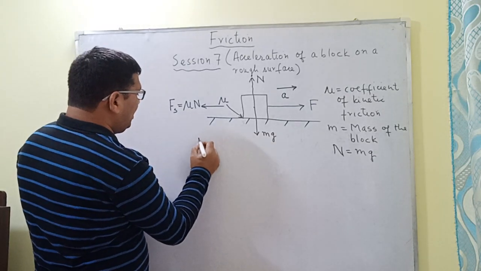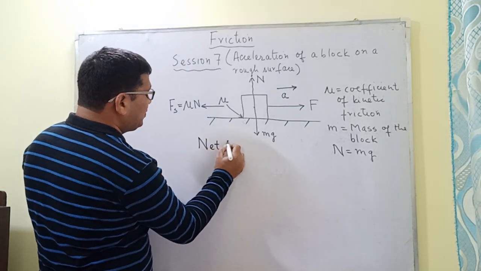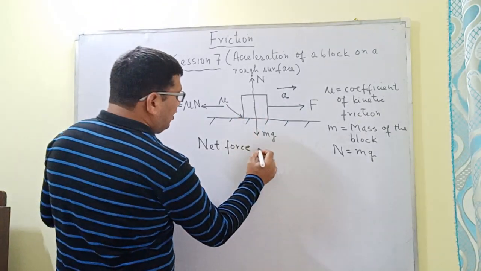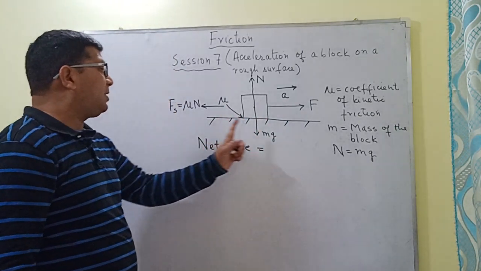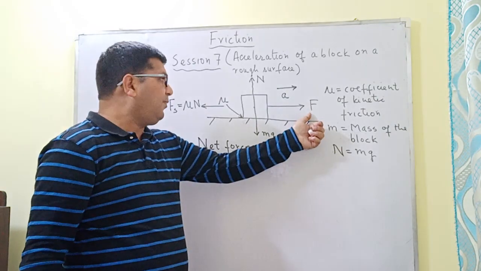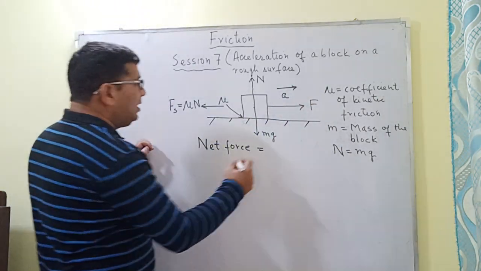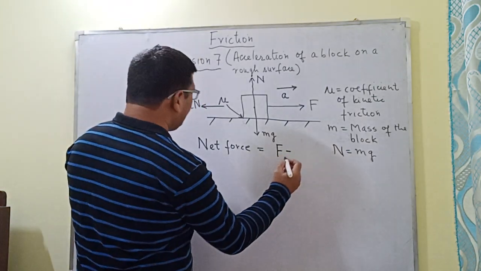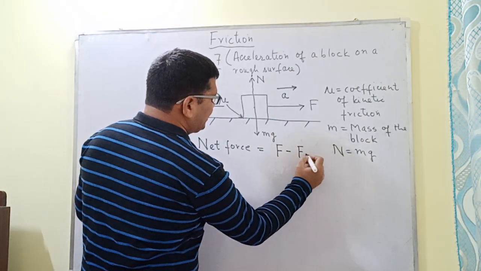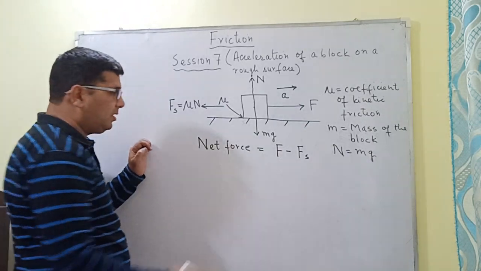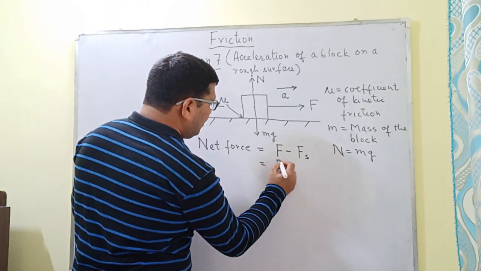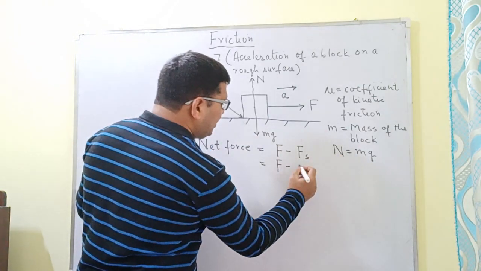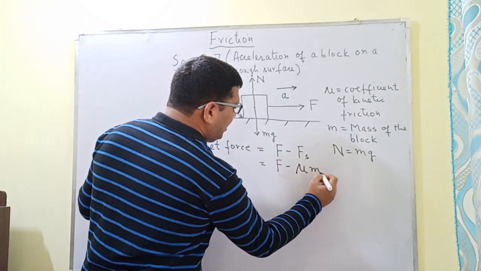So the net force on this block, when it moves under the influence of this external force F, will be equal to F minus Fs, where Fs is the friction force. So this is equal to F minus mu into N, and N is equal to mg, so this is F minus mu mg.